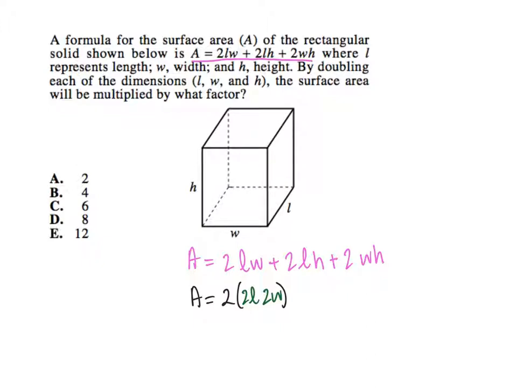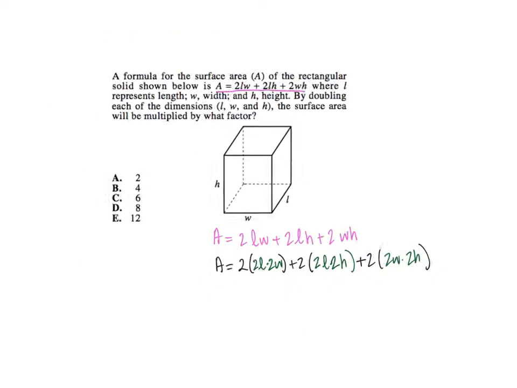And then the next one inside is going to be 2 times 2L times 2H. So I'm just multiplying this through, 2 times 2W times 2H.